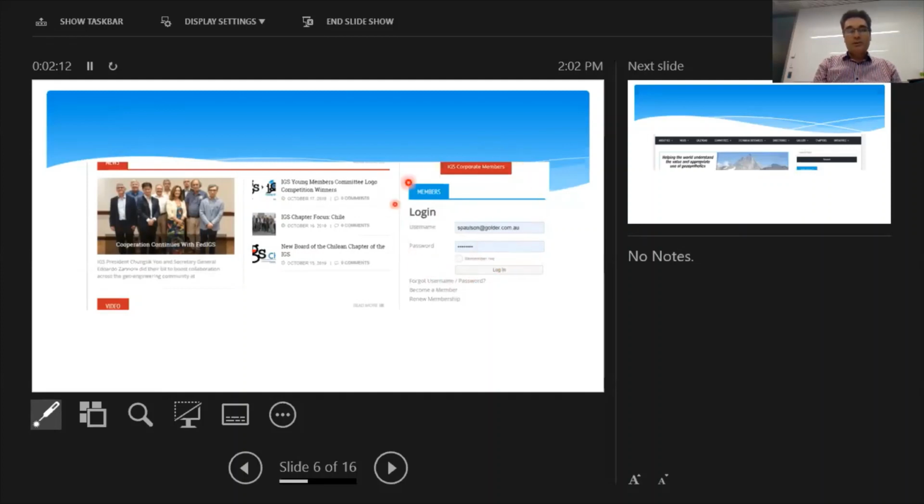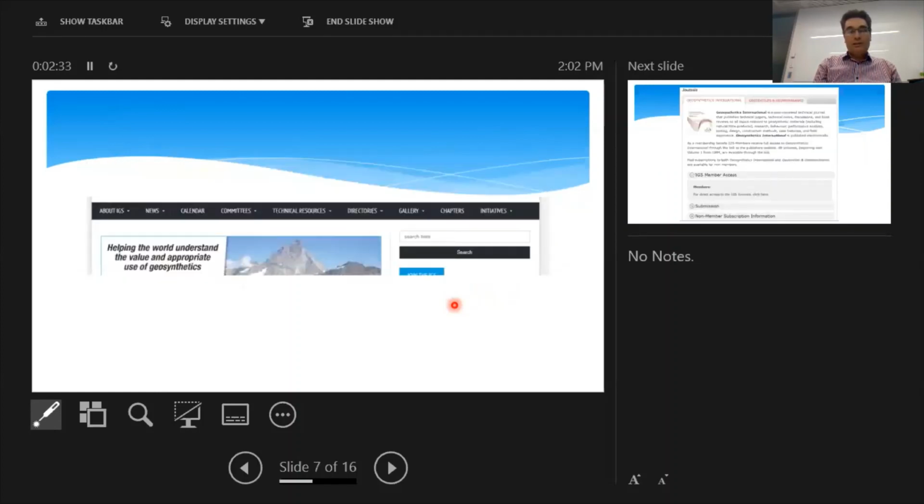So that's the members login. You put in your username and password to log in with your membership details. If you are a paid IGS or ACIGS member and you still don't have your username and password or your IGS number sorted, please contact us and we can organize that for you.